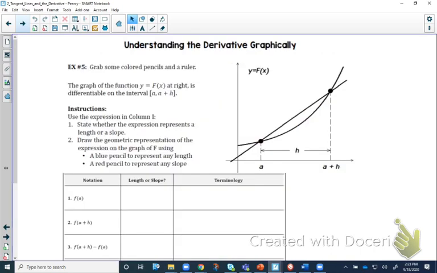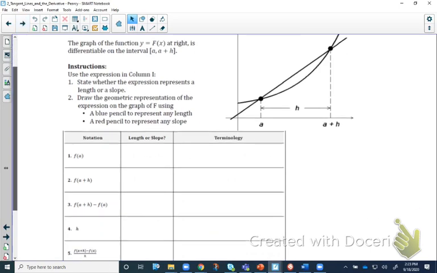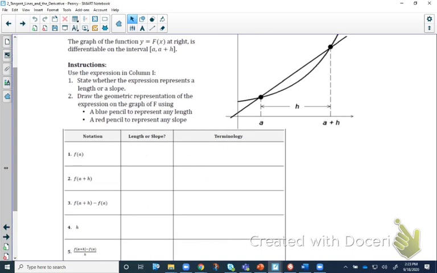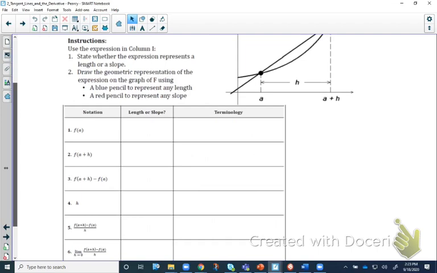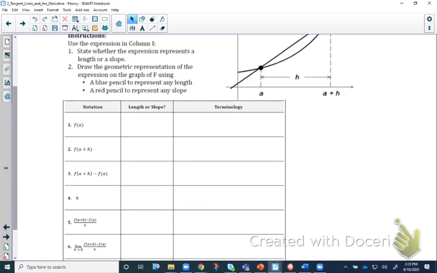So here, this next bit is asking you to do things with some colored pencils, where it's asking you to use a blue color and a red color. And it's asking you to identify some things graphically with the colors to see, is it going to be a slope, or is it going to be a length, I should say.